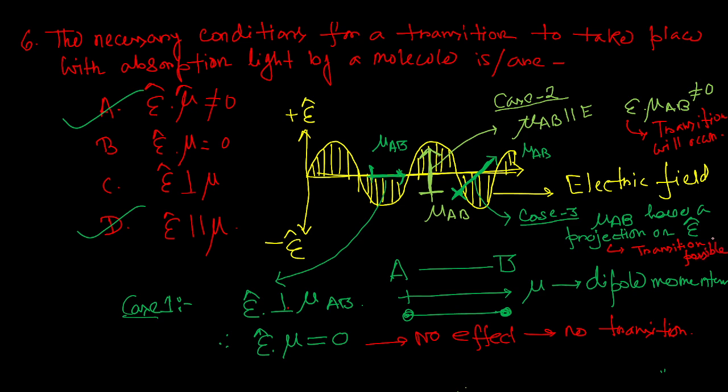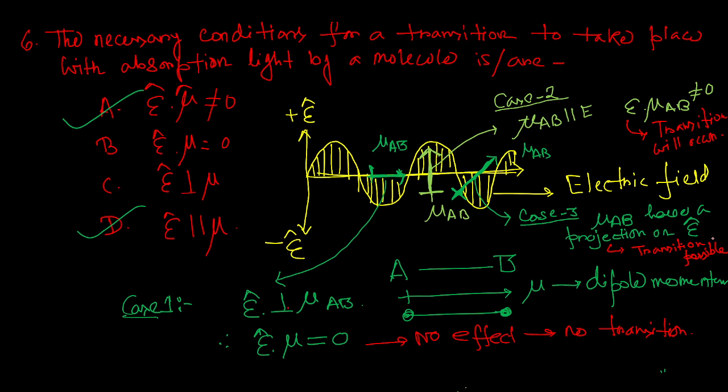So this is a third possibility where transition can also occur. It should be either parallel or there is some projection of the dipole moment on the electric field, so that the scalar product between the dipole moment and the electric field should not be 0.